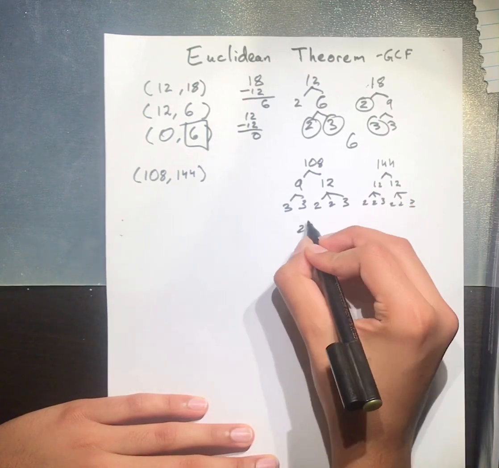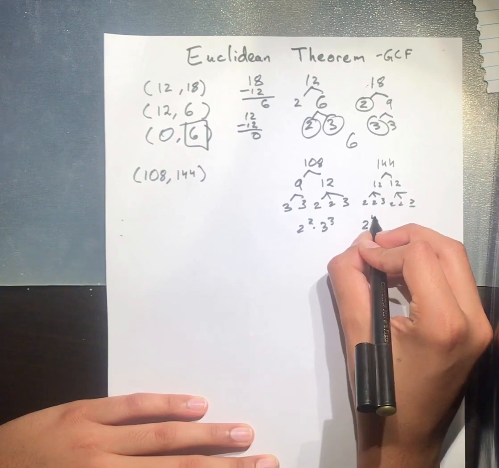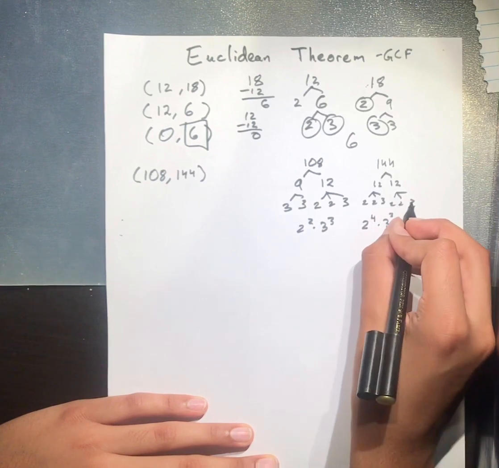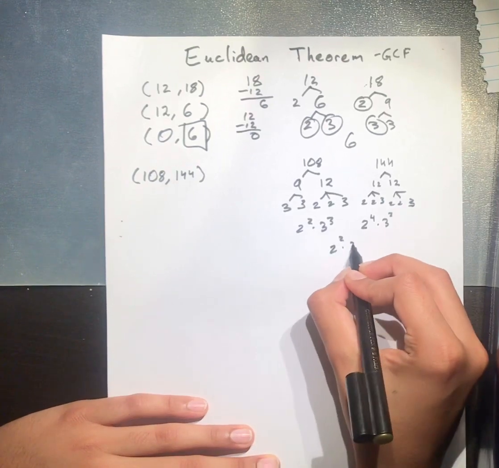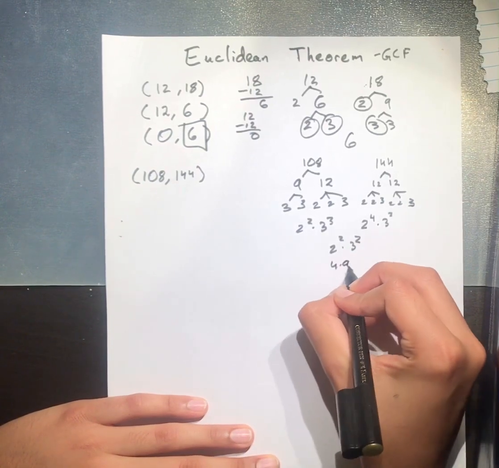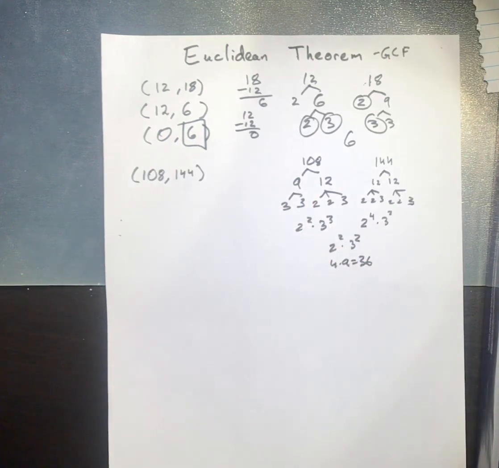This would be 2 squared times 3 cubed, and then 2 to the 4th times 3 squared. With this, you can easily tell 2 squared times 3 squared is going to be your GCF, 4 times 9, which equals 36. So our GCF with these two is going to be 36.